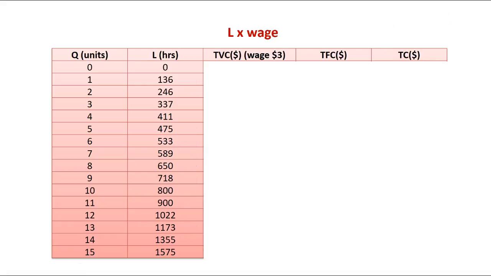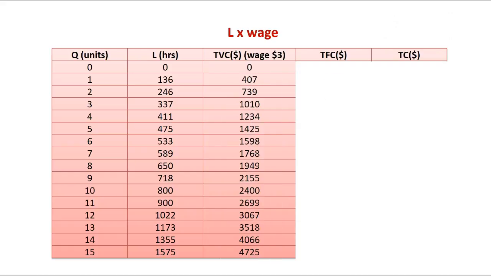That's going to be the amount of labour employed at some amount of output times the wage, which in our case we've made $3 per hour. So if we calculate that, we get these numbers here. So this is our total variable costs. To produce the first unit, the labour costs will be $407.